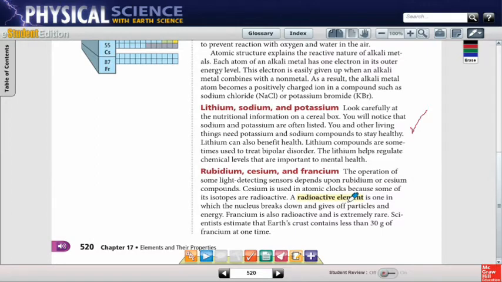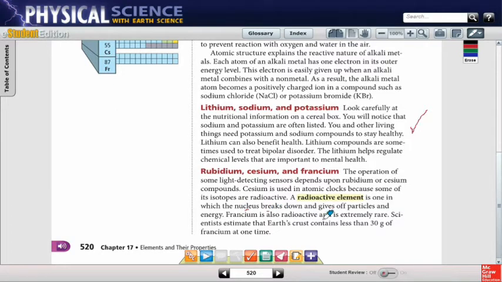The nucleus breaks down, the protons and the neutrons. And if you give up a proton, then the element is no longer what it was before. So that's what makes a radioactive element, the giving up of protons. And that's why some radioactive material turns into lead eventually, because it's giving up protons.